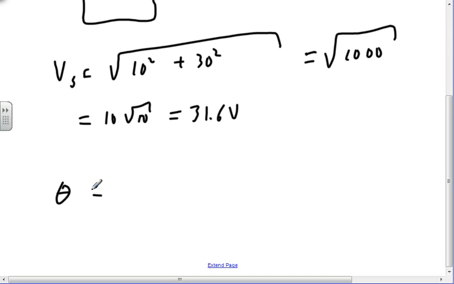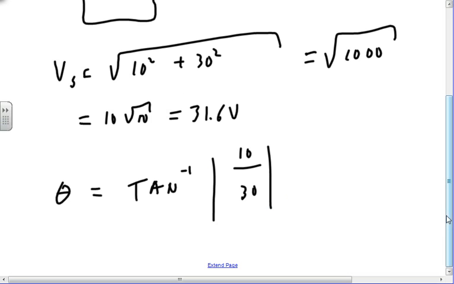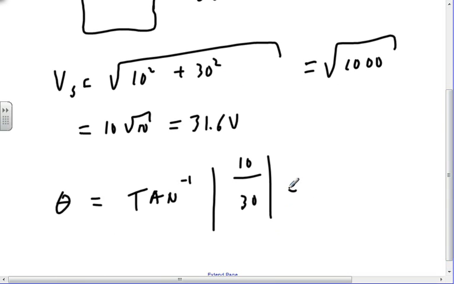Well, the phase angle has to be the arctangent of 10 over 30. 10 divided by 30 equals arctangent, 18.4 degrees.